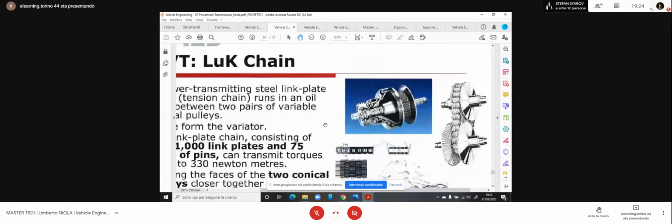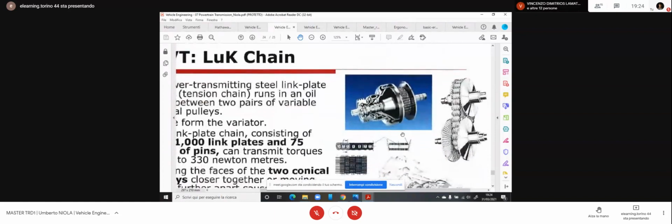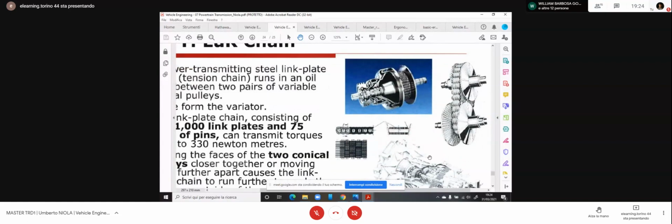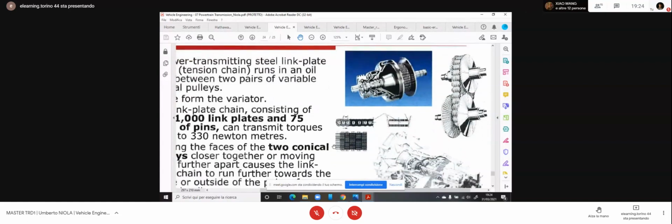The same purpose is realized by this kind of mechanical belt, which is really another kind of multiplate, more similar to a chain, if you want. So you have a lot of pins engaging in a number of plates.